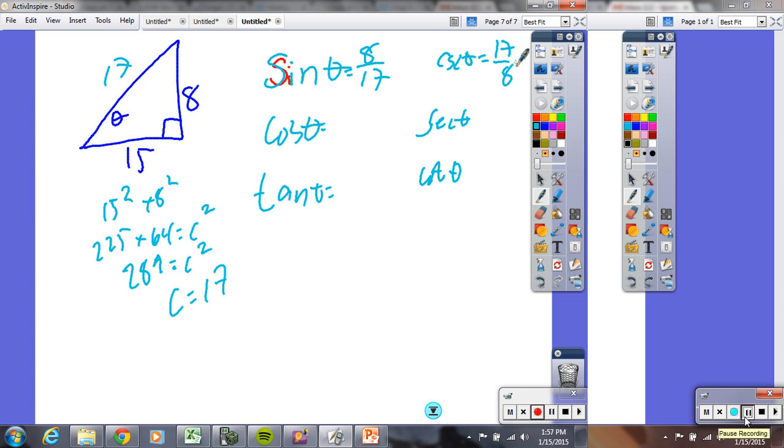Okay. How about cosine of theta? What are you going to get? 15, because that is the adjacent side if I'm standing at this angle, right? What if I was up here? Who's your adjacent? The 8 would be. Does that make sense how the adjacent and the opposite can flip-flop depending on where you're at? Can the hypotenuse ever move? Okay, so that'd be 15 over 17, so therefore secant is 17 over 15.